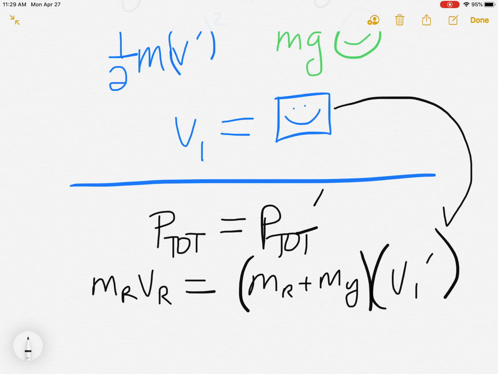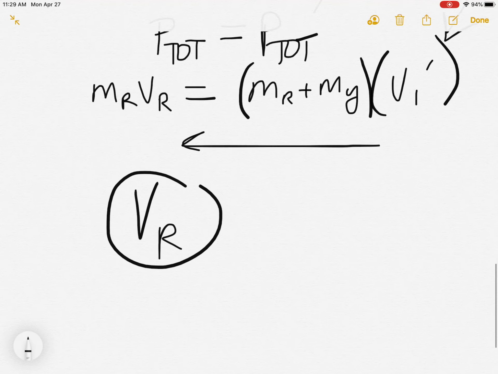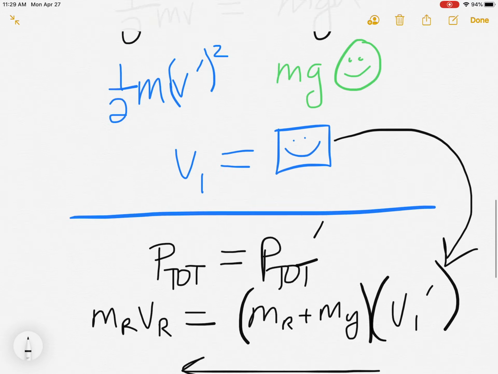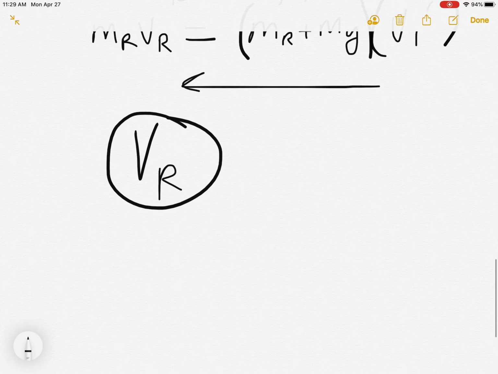So both of your masses, Ralph's plus the mass of you, are moving with that V1 prime after the collision. And you can see where this number is going to go in there. And then you're going to work this backwards and solve for Ralph's initial speed. Okay, so the hard part, I think, was this angle business, but you should be able to figure out what that green line right there is.